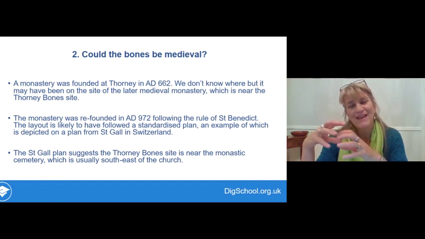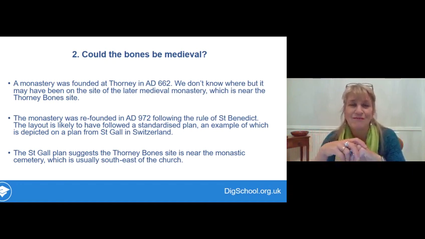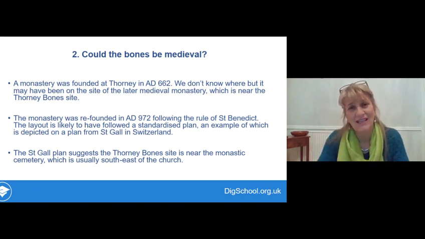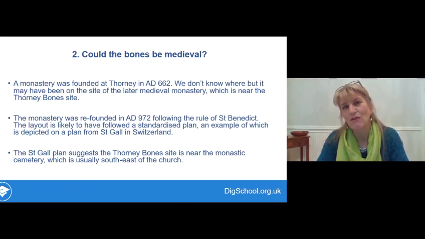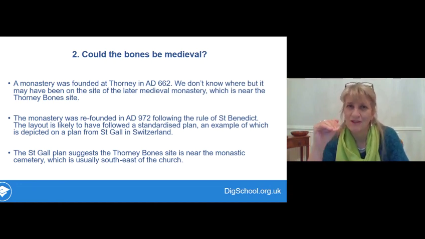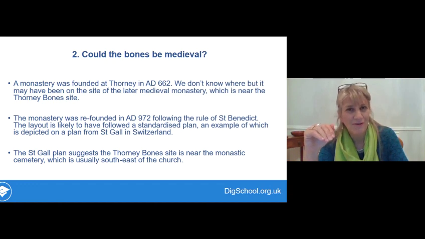And when we compare this plan with the Thorney Bones site, we can see that actually the garden those bones came from is very much in the area where we would expect the cemetery of the monastery to be, because the cemeteries are usually southeast of the church, and our Thorney Bones site is southeast of the monastic church at Thorney.